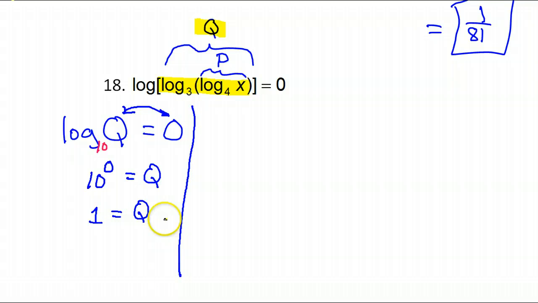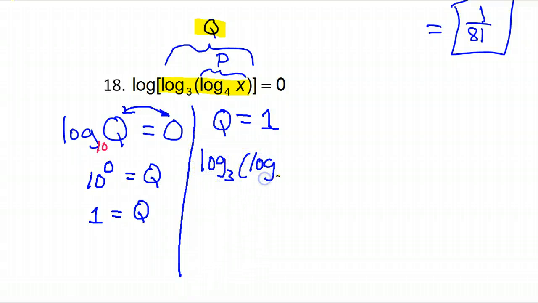So that gives me the value of Q. Now, here's what I know. I know that Q is equal to 1. Now let's put back in what Q really is. Q is everything highlighted here in yellow. So all of this stuff in yellow should equal 1, because that's Q. That means log base 3 of log base 4 of x, all of that yellow stuff should equal 1, because Q equals 1.